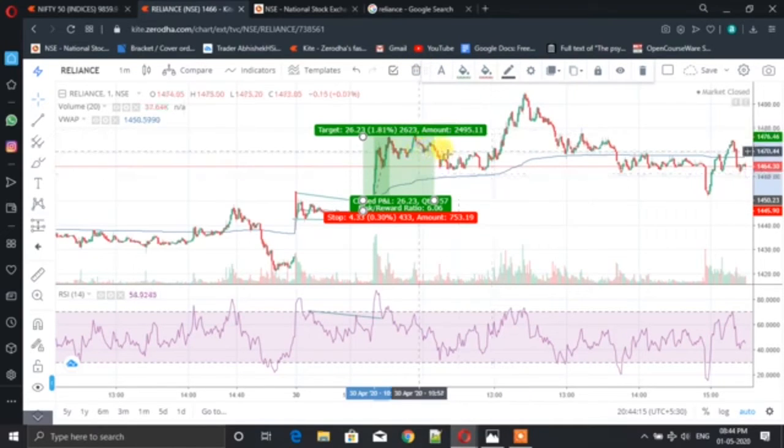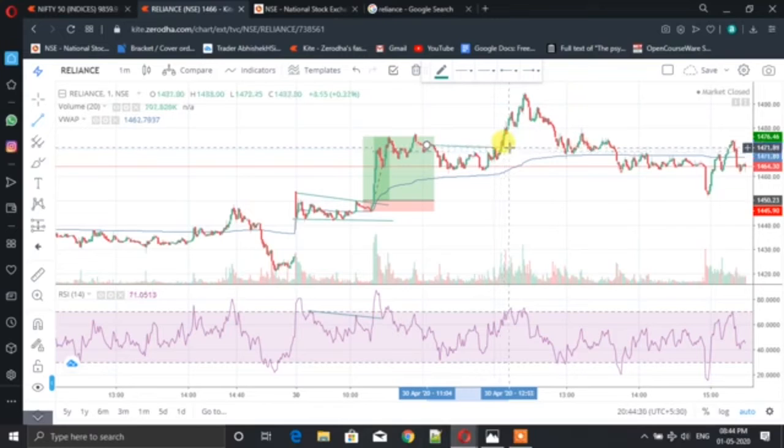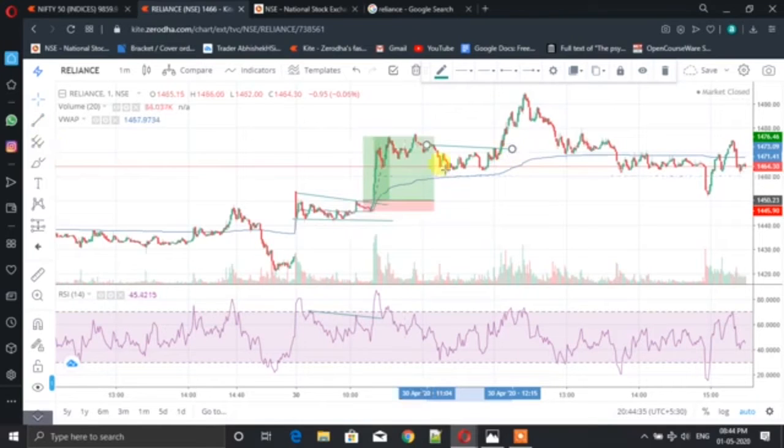As you can see, let's draw another triangle here. Okay, let's do these two lines, and one more at the bottom.